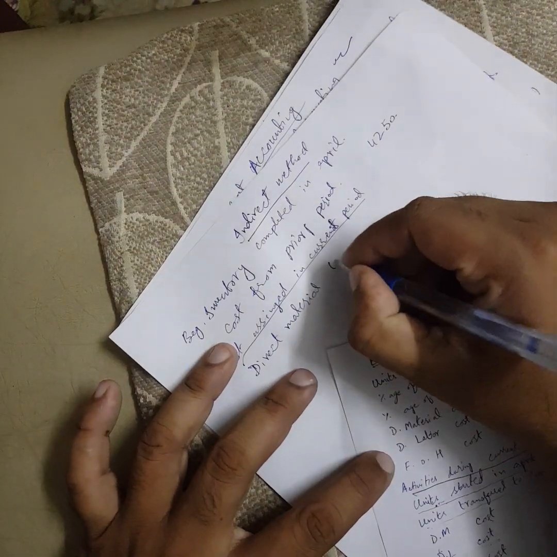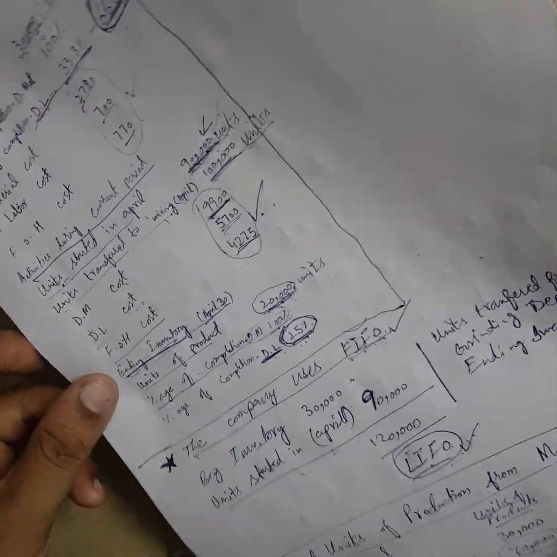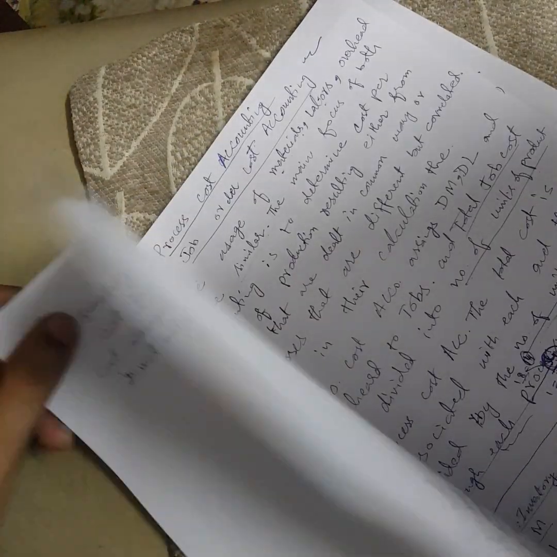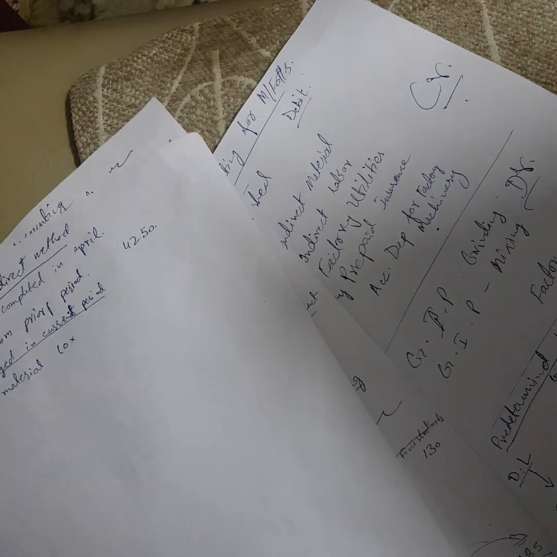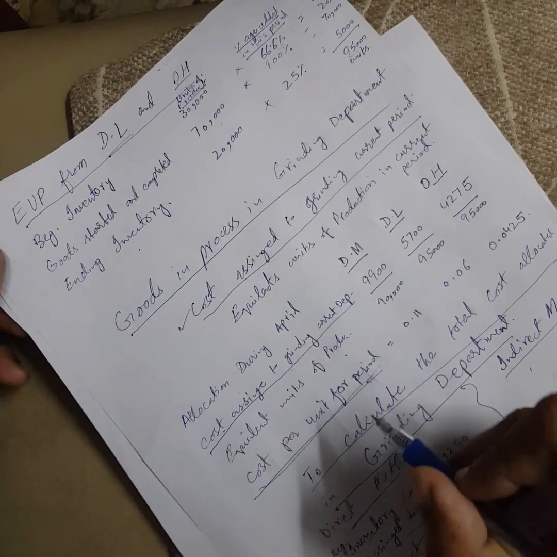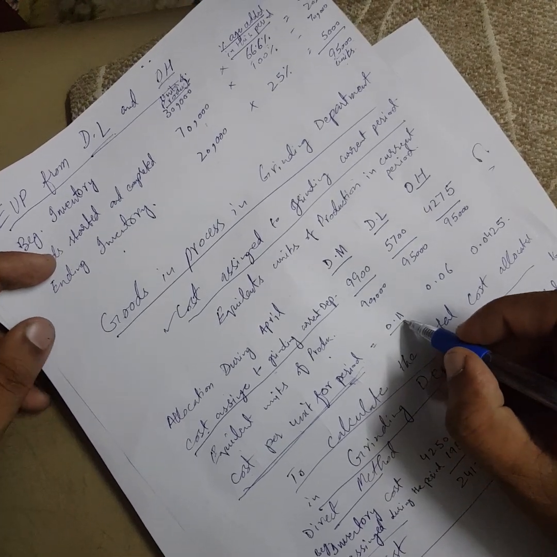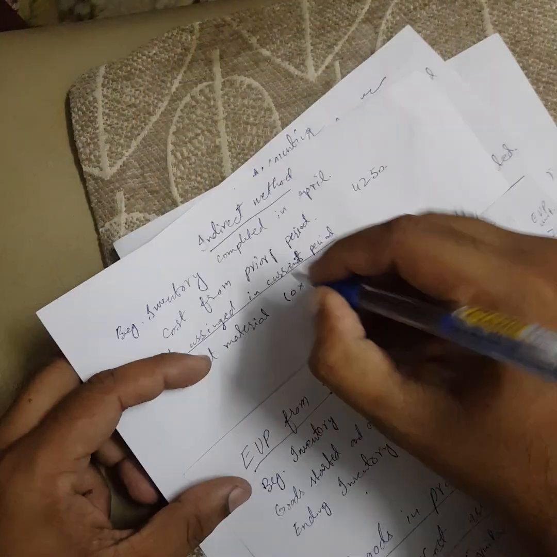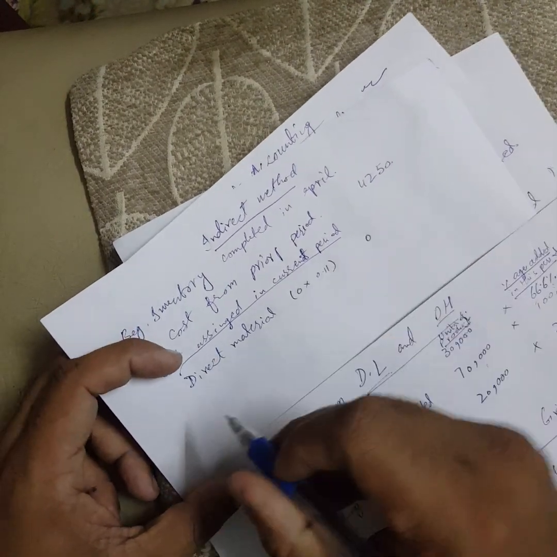So here we will write 0 multiply by our value for direct material was 0.11. So we will multiply 0 with 0.11, the answer will be 0.